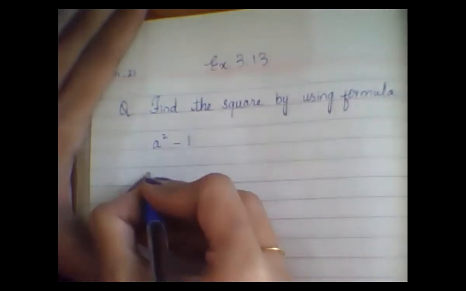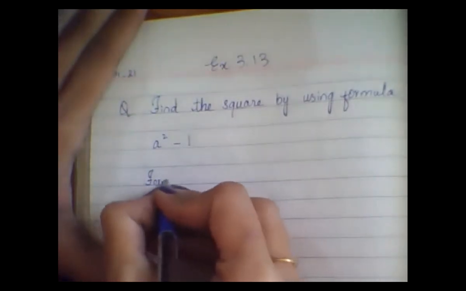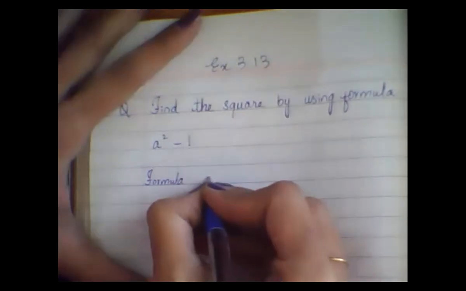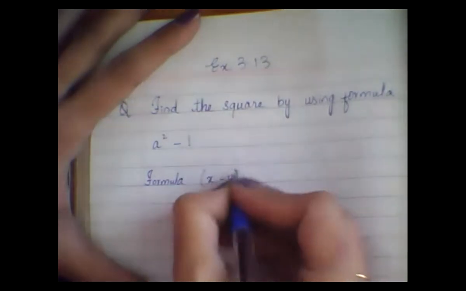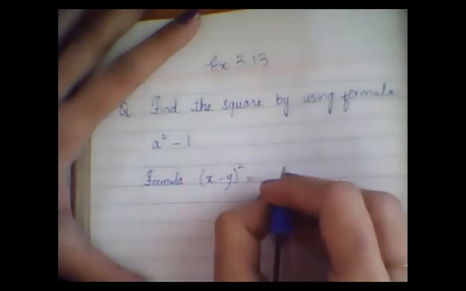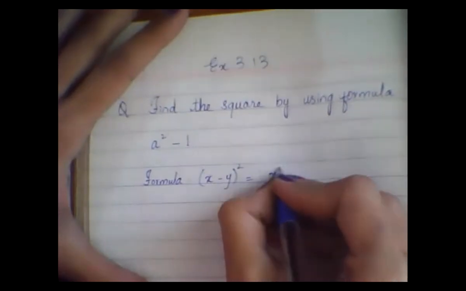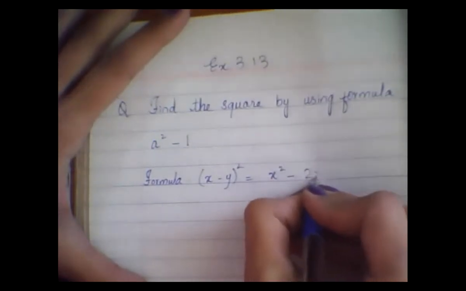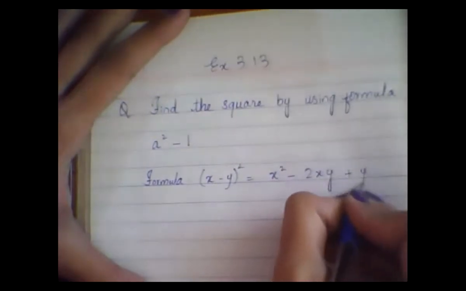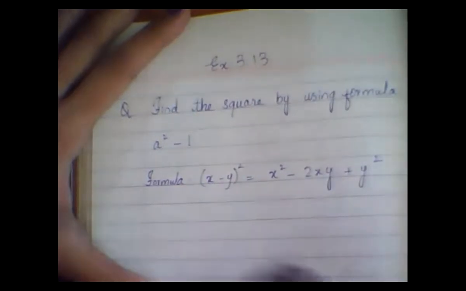Student, minus is there, that means the second formula, that is (x minus y) whole square. You can share your answers in the chat box. x square minus 2xy plus y square. Right?